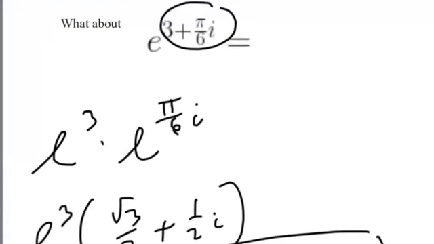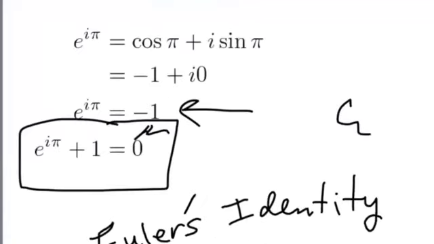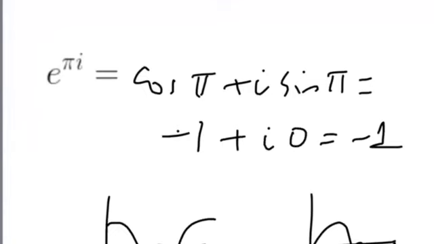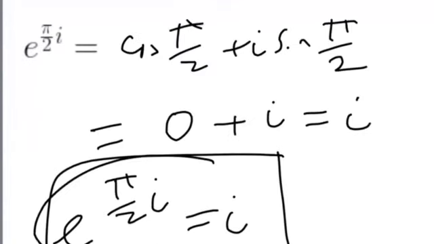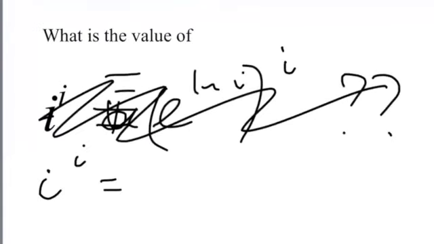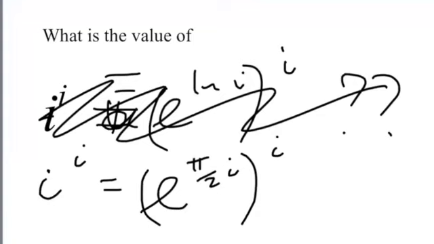We saw that e to the pi over 2i is the same thing as i. So if I replace this i to the i with e to the pi over 2i and raise that to the i power, now I can multiply the exponents together, pi over 2 i squared, which is e to the negative pi over 2, which is 1 over e to the pi over 2.